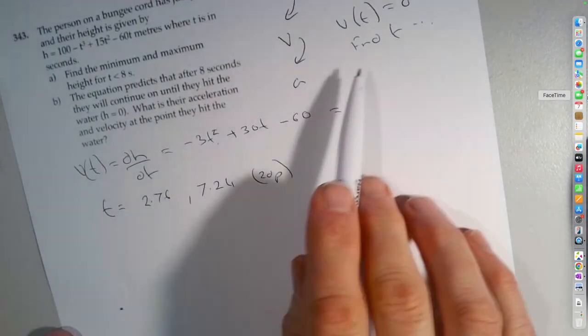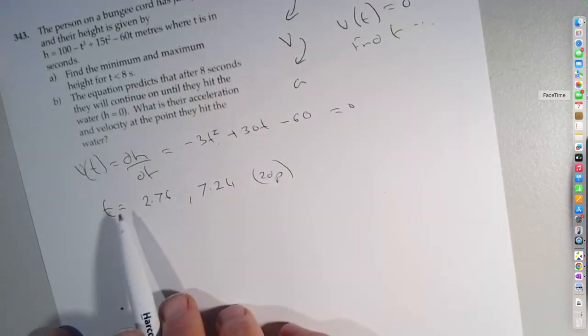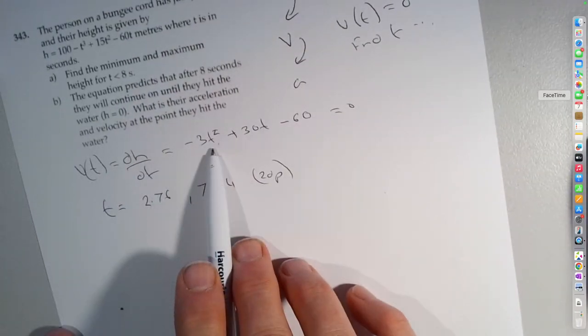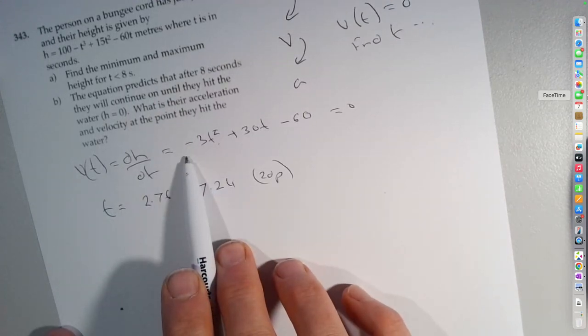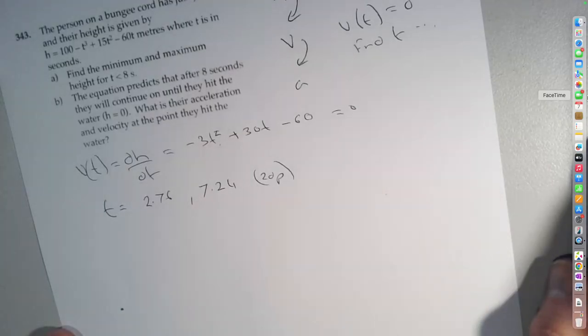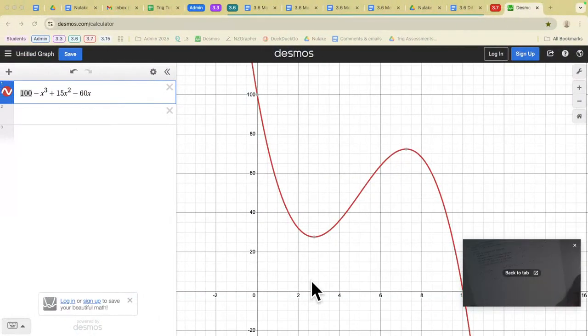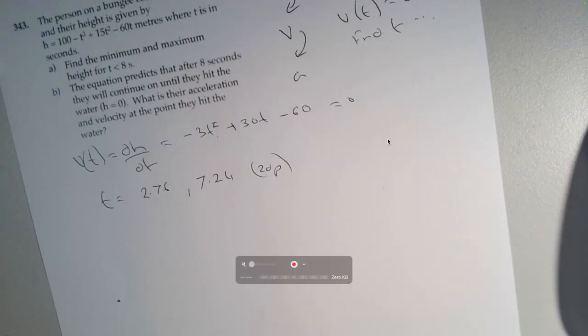So the key thing here, as mentioned, to find the maximum and minima, we've used the velocity statement here, because we're talking kinematics, and we found these points. Now, which one is the maximum and which the minima? If you've got the graph in front of you, you won't be surprised. There is your minima. It occurs at 2.76, and the maxima here, as predicted, 7.24. So algebraically, how do we show that?